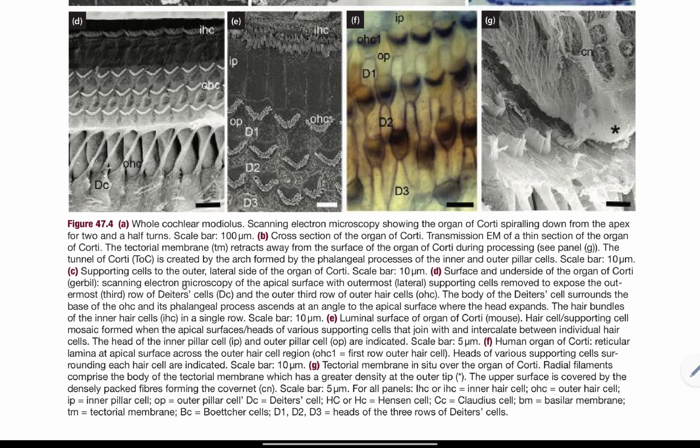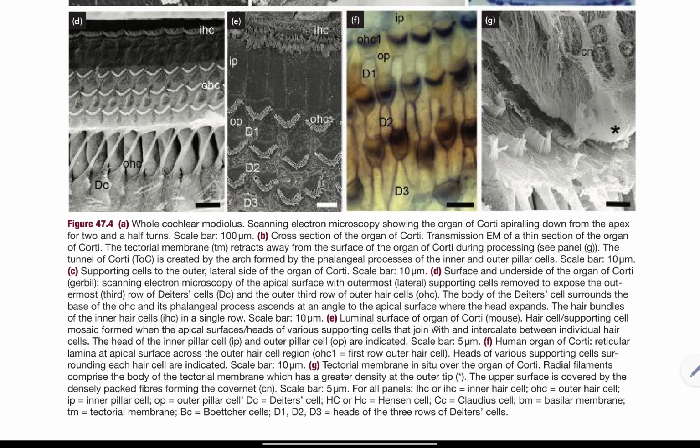Gerbil, scanning electron microscopy of the apical surface of the outermost lateral supporting cells removed to expose the outermost third row of Deiters cells, DC, and the outer third row of outer hair cells, OHC. The body of the Deiters cells surrounds the base of the OHC and its phalangeal process ascends at an angle to the apical surface where the head expands. The hair bundles of the inner hair cells, IHC, in a single row, scale bar 10 μm.